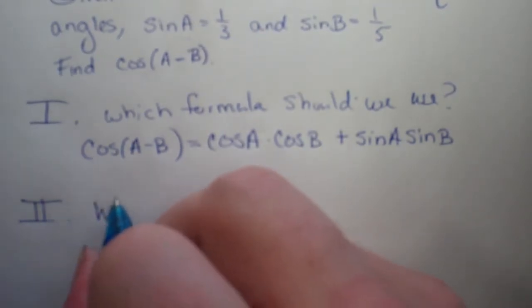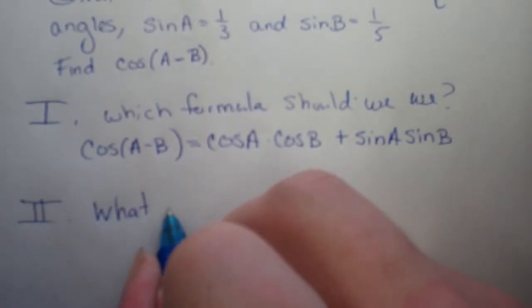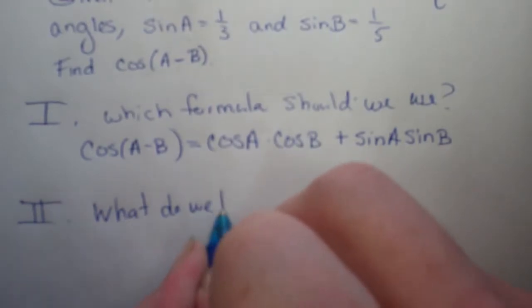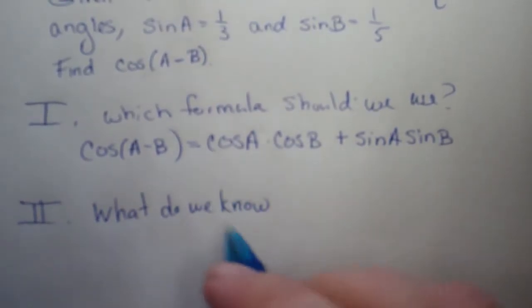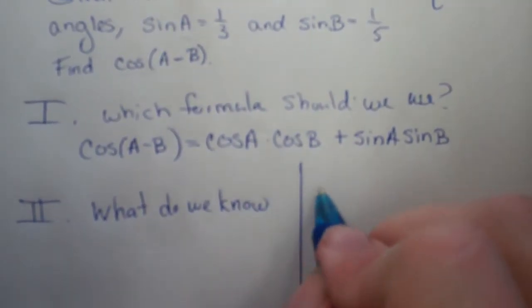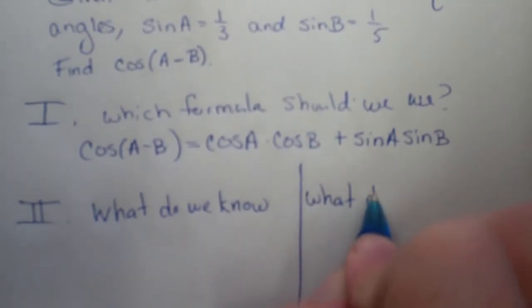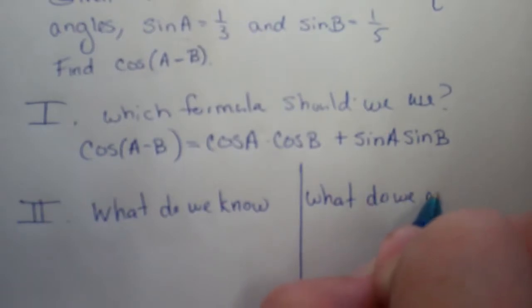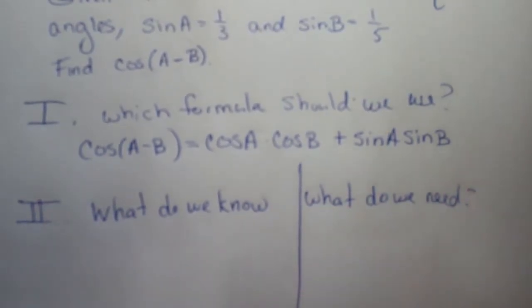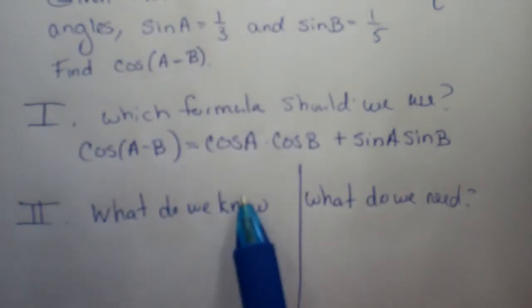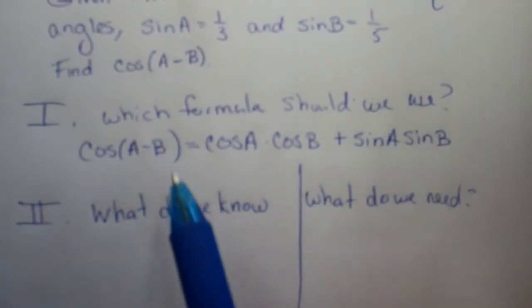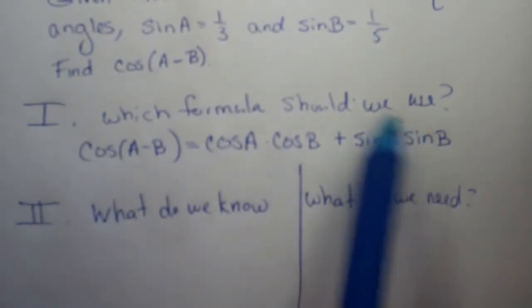out what values do we know and take a look at what values will we need. And what we mean by what do we know and what do we need, I mean, look at this formula.